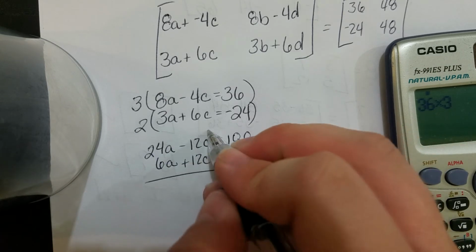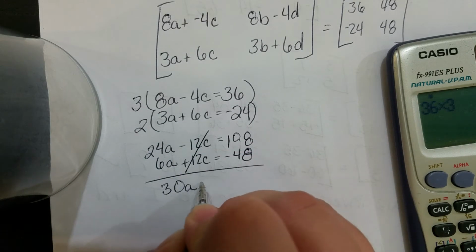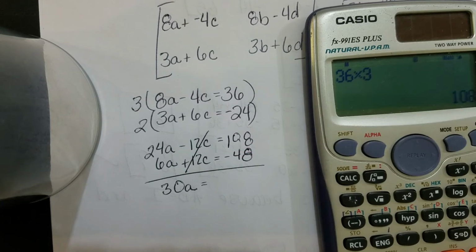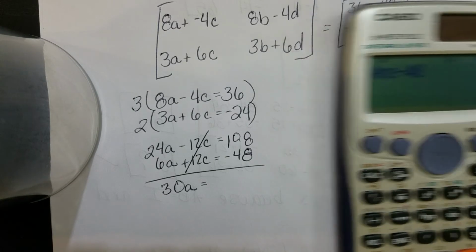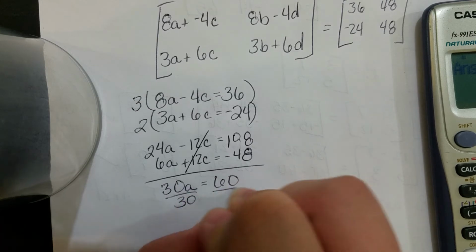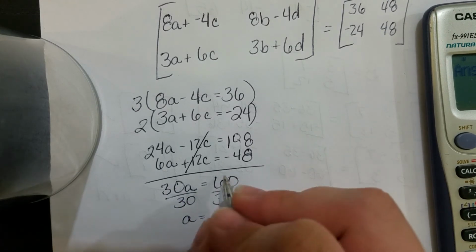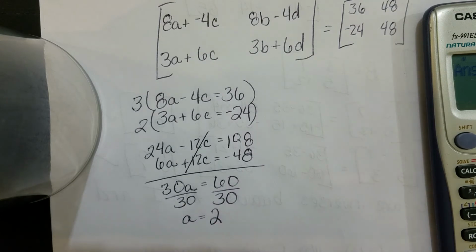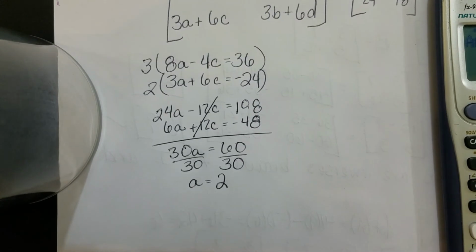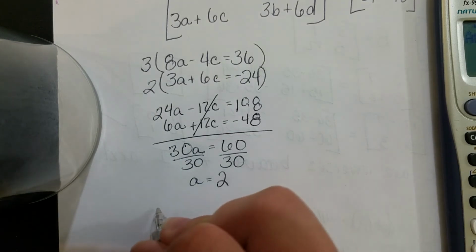Add them together, that cancels. This is 30A equals 108 minus 48, which is 60. Divide, divide. A equals 2. Okay? Once you know A, you can plug it back in and you can solve for C. So let's go ahead and do that.